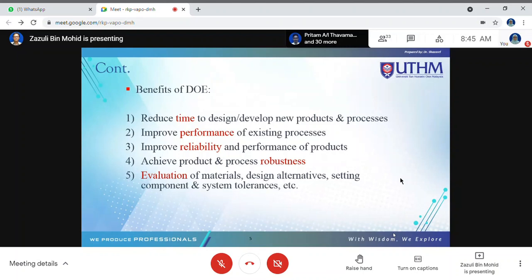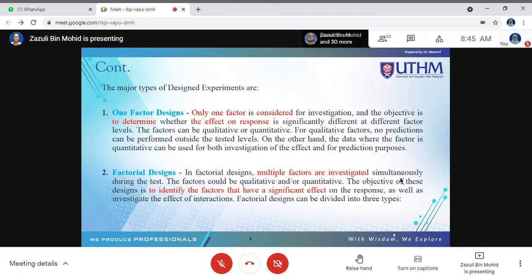So we have to select which are the most relevant or significant parameters, or the most influencing parameters to certain product quality, design, and so on. For that reason, there are a lot of designs in design of experiment. We can categorize it into many.